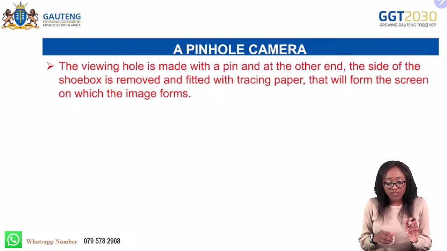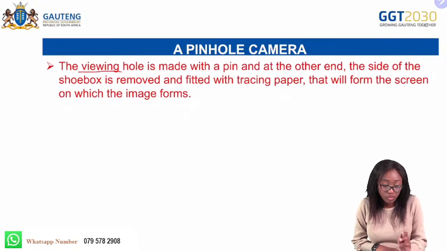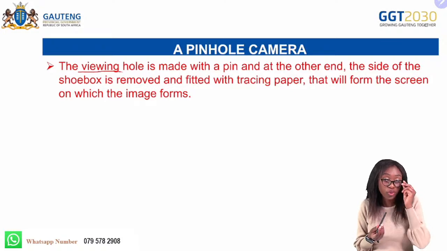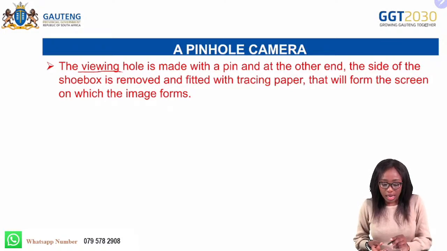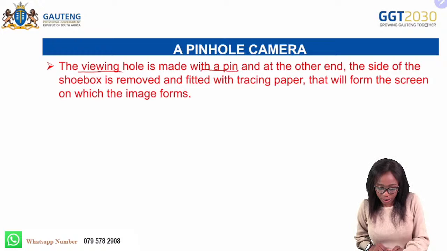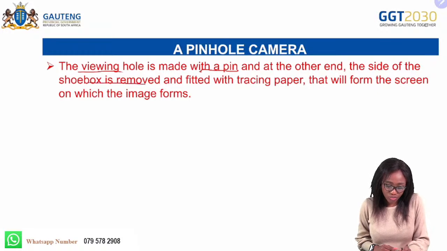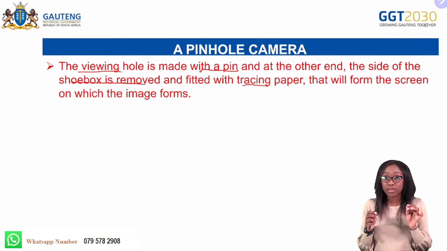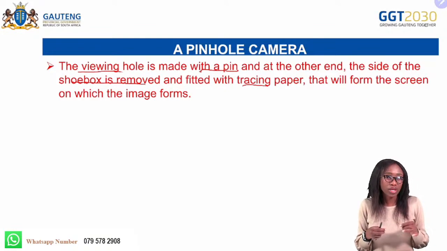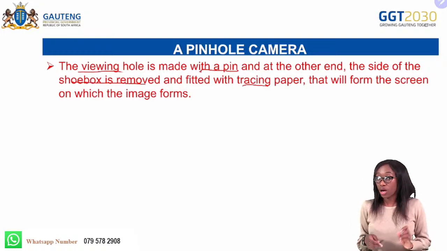So now the viewing hole, the hole where you're going to put your eyes through, is made using a pin. At the other end, the side of the shoebox is removed and fitted with tracing paper. Tracing paper is the paper that you can see through, the very light tracing paper that we use to do tracings when we're doing our drawings.